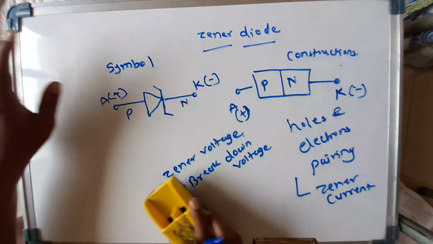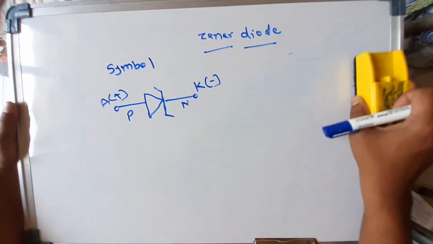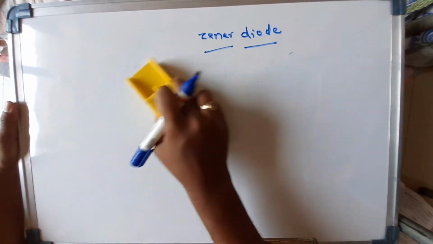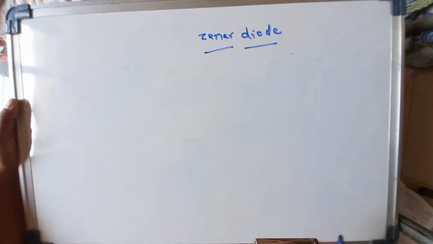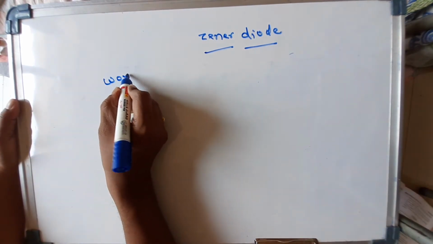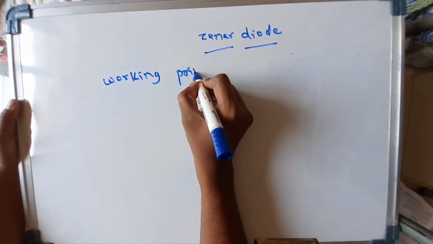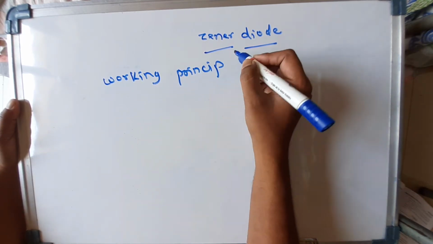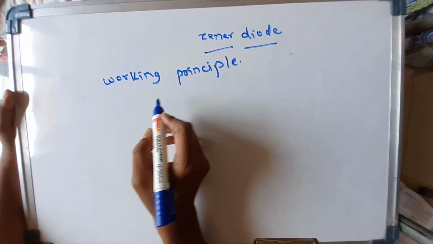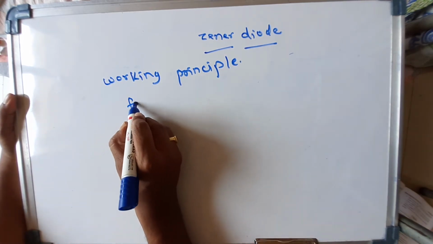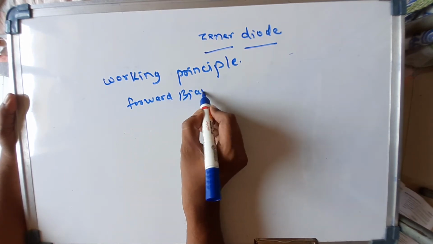Okay, now we will see the working principle of Zener diode. This is symbol and construction, already we have studied. So in working principle, first we will study forward bias.